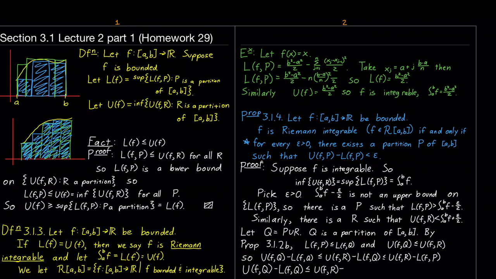Now I'm going to go ahead and subtract off that integral, and that's okay because I'm going to add it again. And then this first difference here is less than epsilon over 2, and this second difference is also less than epsilon over 2, so this is less than epsilon.